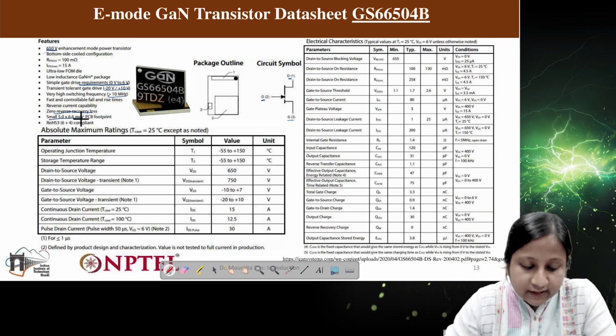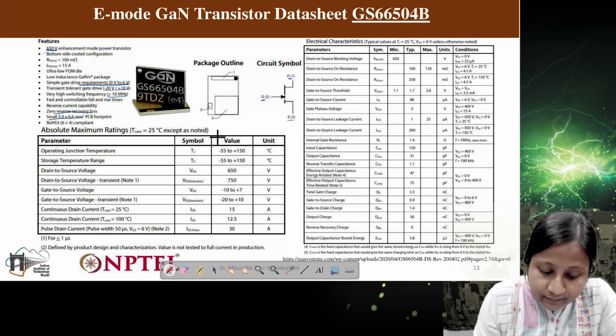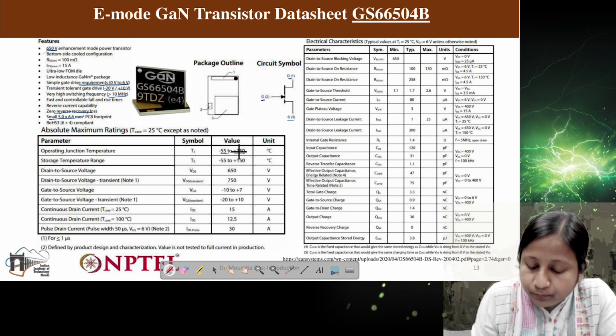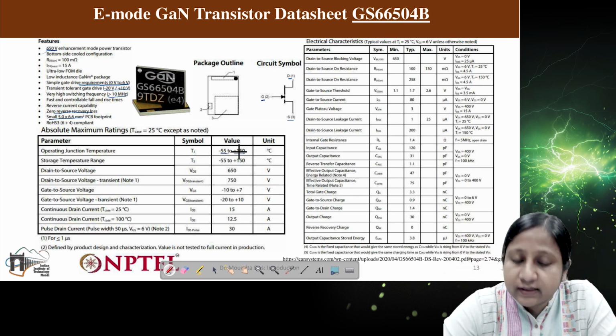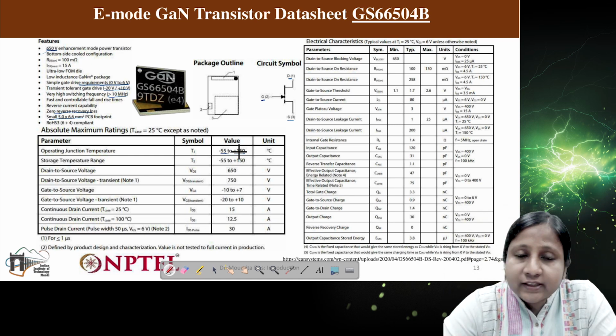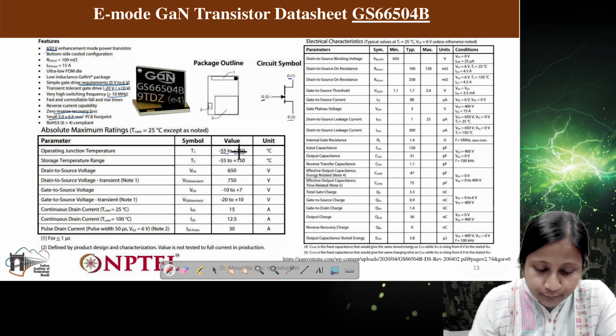So now you can see the operation of this device is suitable for a junction temperature minus 55 to plus 150 degree Celsius. So this device can be used in places where the temperature can go in negative side minus 55 degree Celsius and positive side plus 150 degree Celsius.